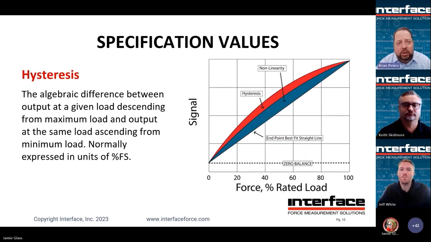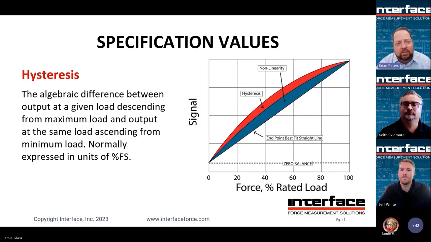All right, hysteresis. Hysteresis is the difference in output on a descending load versus what the sensor produced on the ascending. So what that means is if you increase load up to full scale, and then you hit one of the same points that you took on the ascending side, and you revisit that point as you're releasing the load, that output might not be exactly the same as it was on the ascending side.